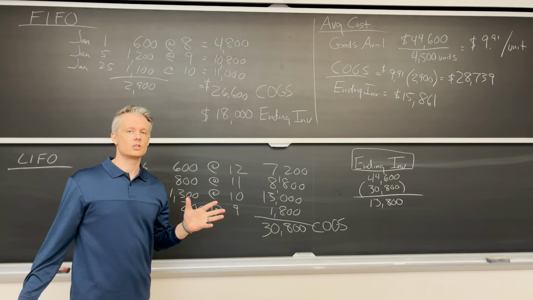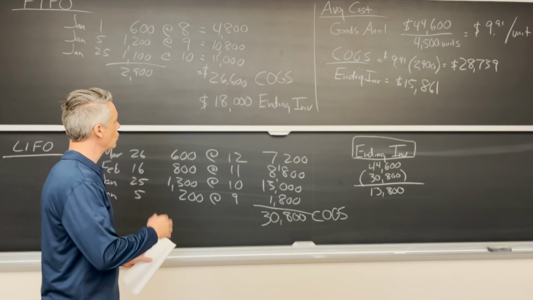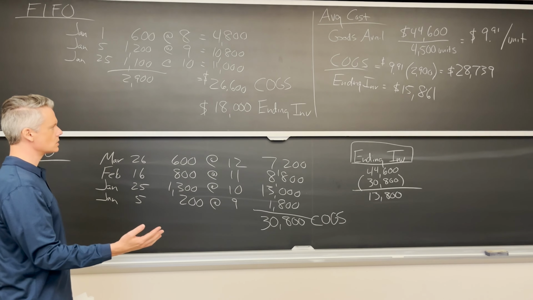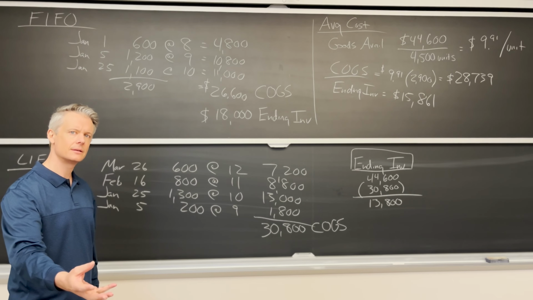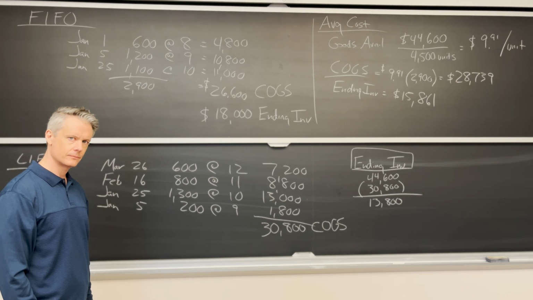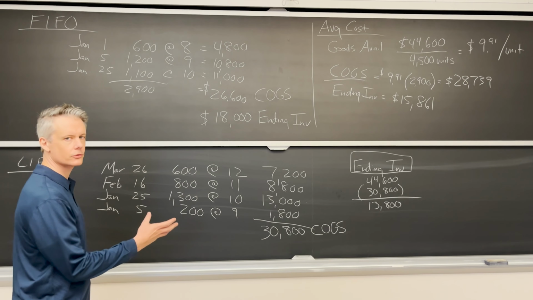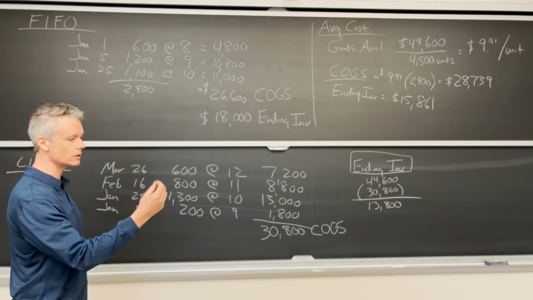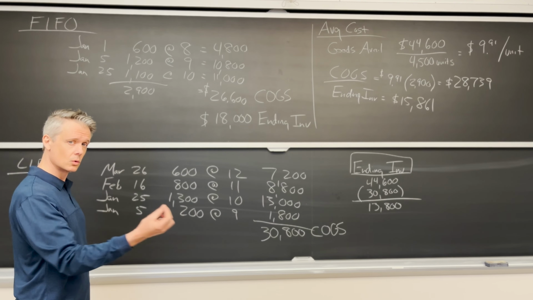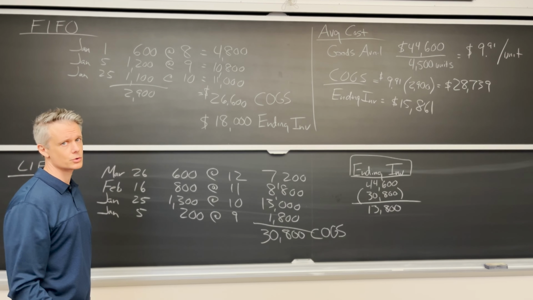Let's first just talk about the income statement. Which of these methods would net a business the highest net income? So what we're really talking about is cost of goods sold with that question, right? Which one of these methods nets the lowest cost of goods sold, which will ultimately give us the highest net income or gross margin?